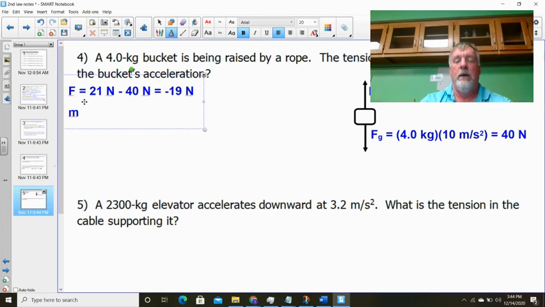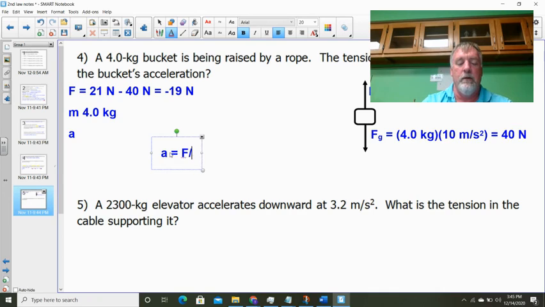What's our mass? Our mass is 4 kilograms. What's our acceleration? Again, Newton tells us our acceleration, A, is equal to F divided by M. So our force is negative 19.